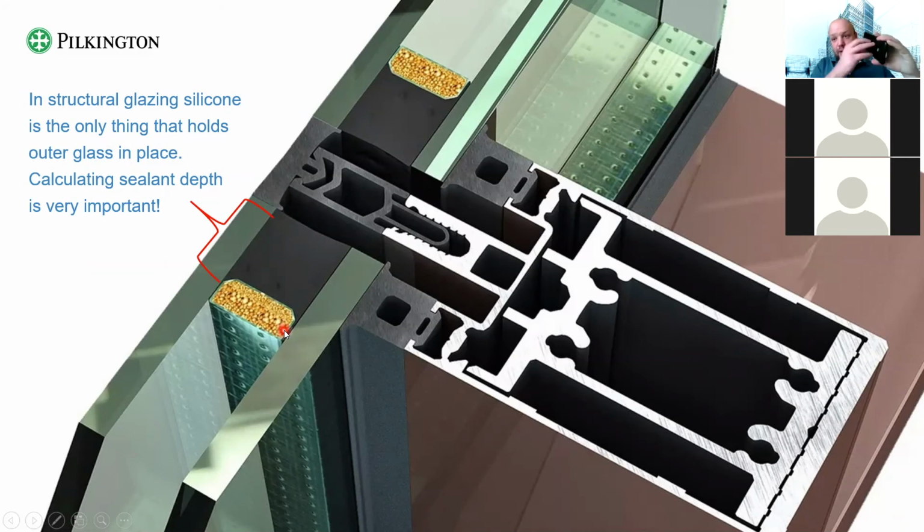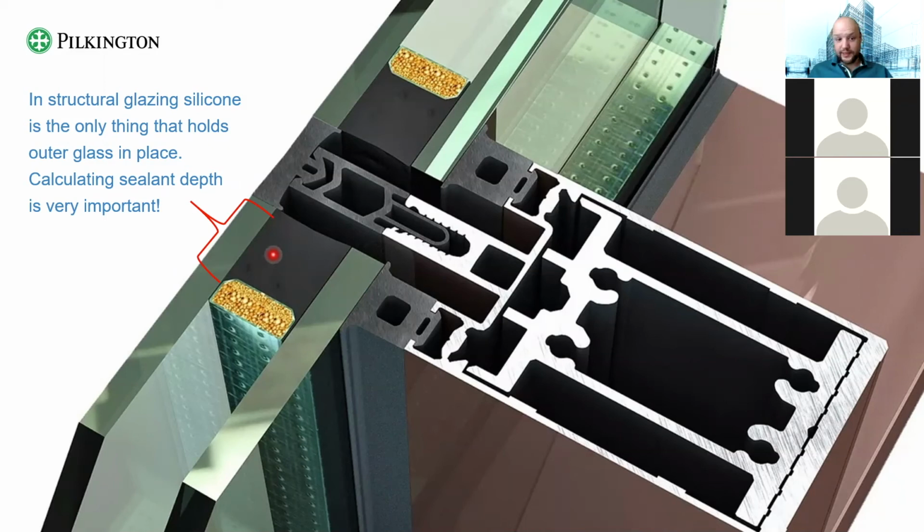Remember what I told you about the suction caps and outer glass only sticking on the secondary sealant during transportation, installation, and so on. Now here, silicone holds the outer glass for its lifetime, meaning all the time. And it is also exposed to all kinds of loads: wind pressure, internal pressure.